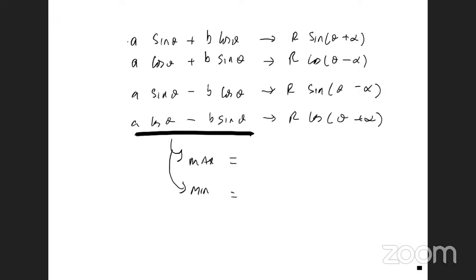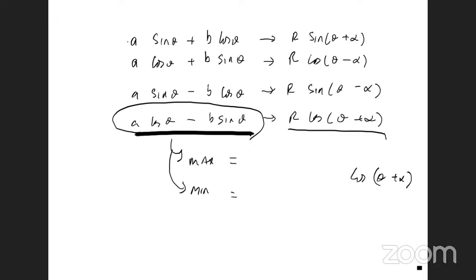But remember we said that this is equal to this, right? So what's the largest value of cos theta? 1, correct? What's the largest value of cos theta plus alpha? Same one, right? What's the largest value of r cos theta plus alpha?